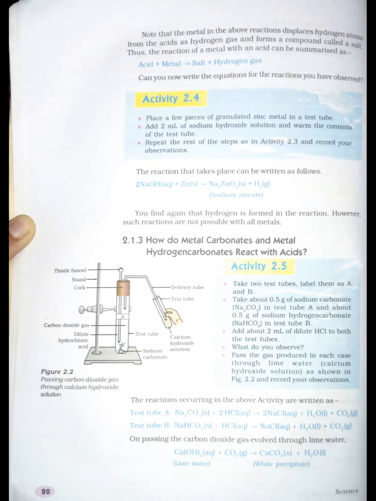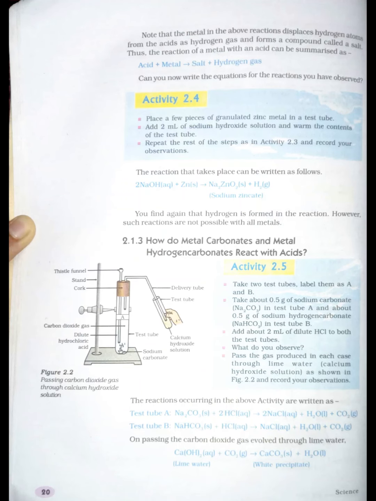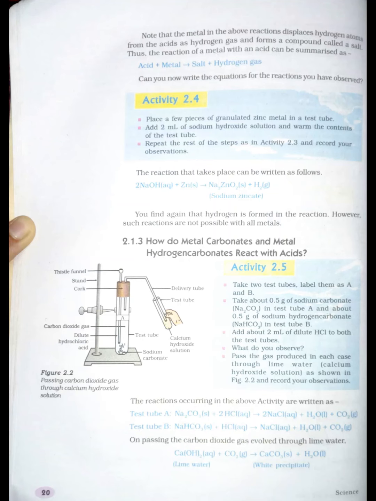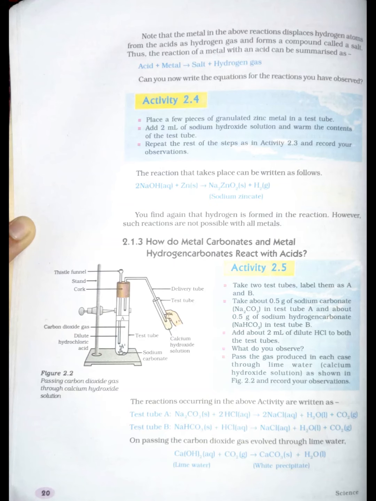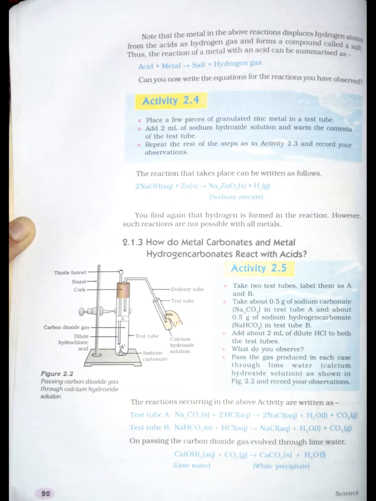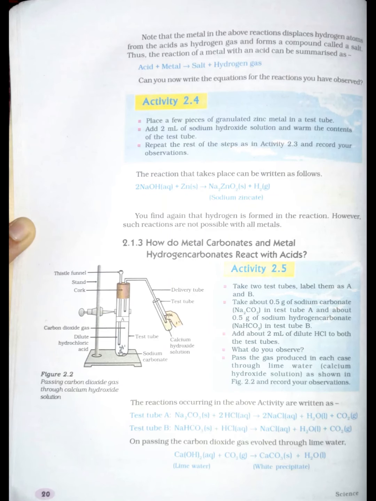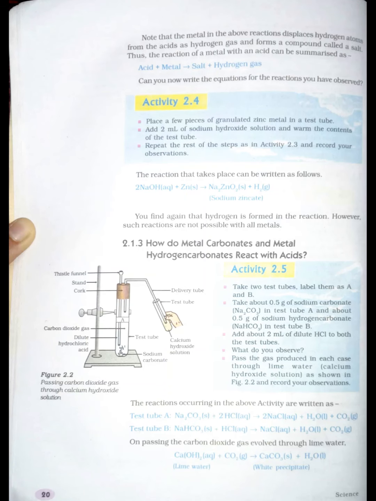In Figure 2.2, it is shown that carbon dioxide gas is passed through calcium hydroxide solution. The reactions occurring in the above activity are written as: test tube A, Na2CO3 plus 2HCl is equal to 2NaCl plus H2O plus CO2.